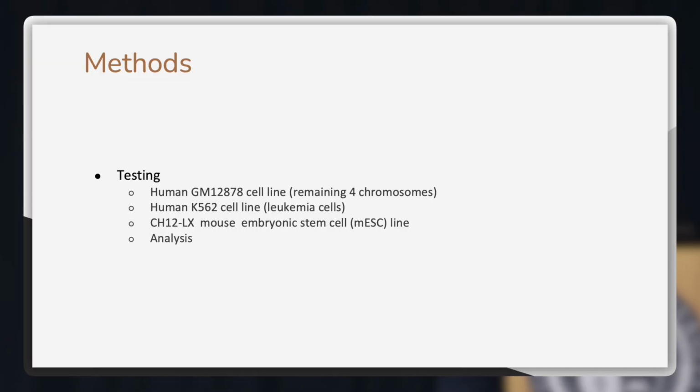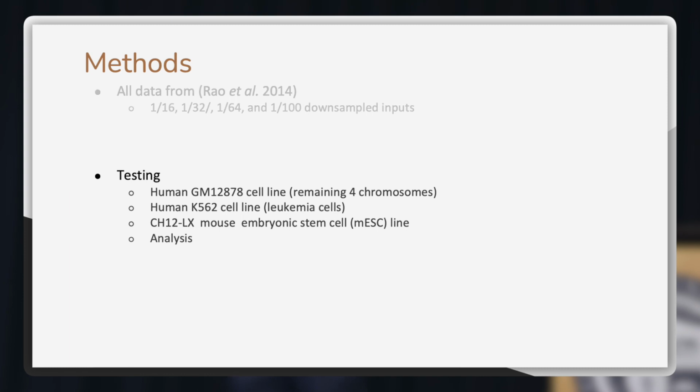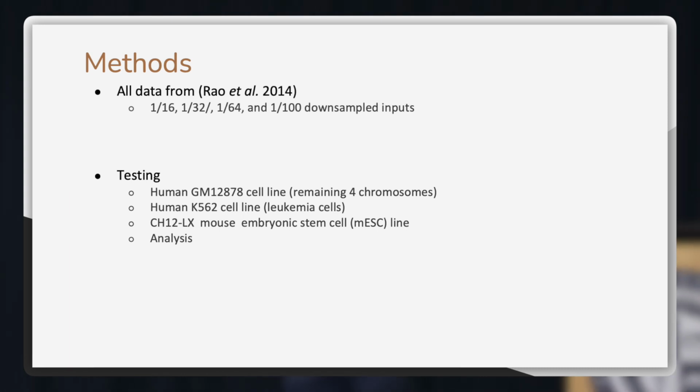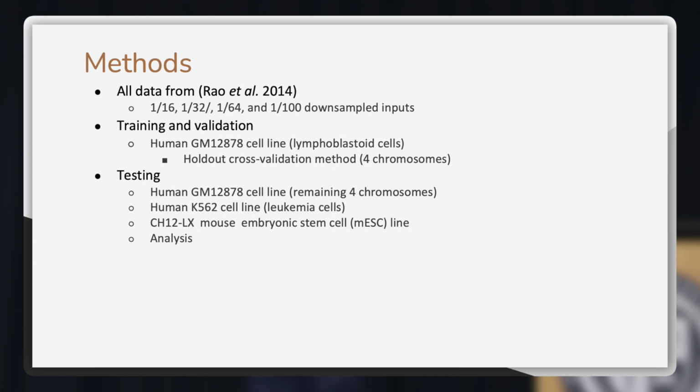And then for our methods, all of our data was taken from data collected from Rao et al. in 2014. And for our low resolution inputs, we use 1 out of 16 to 1 out of 100 randomly downsampled high resolution matrices. For training, we use the human GM12878 cell line, which are lymphoblastoid cells, using a holdout cross-validation.